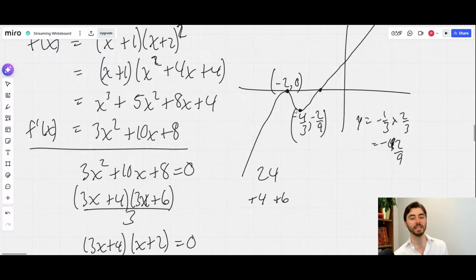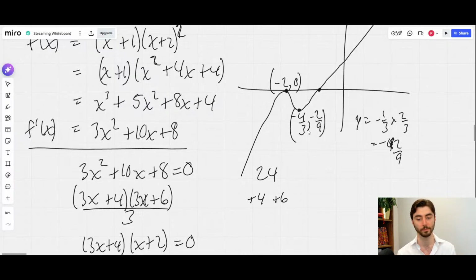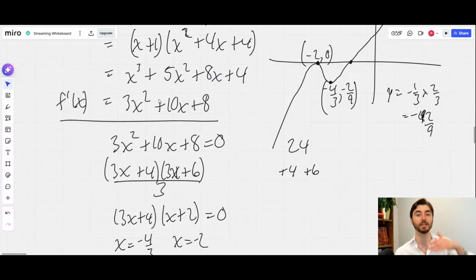So here it would be decreasing between x's -2 and -4/3, and it would be increasing below -2 and above -4/3. And you would do that by solving for when the gradient is positive or negative as required. So that's when something is increasing or decreasing.